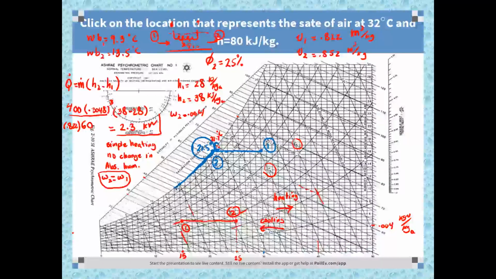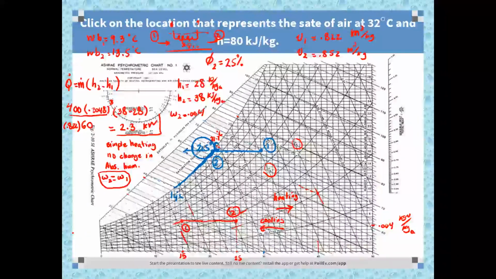So if your enthalpy change for the amount of cooling is between these 2 points, from 72, 73 to 40, you will end up at a temperature of 14 degrees C. Moving beyond that point in that direction is not possible.